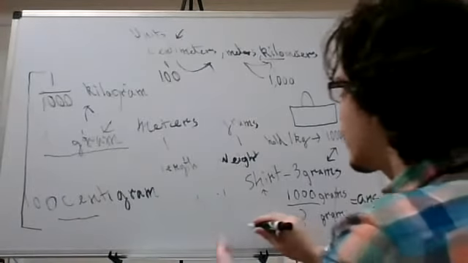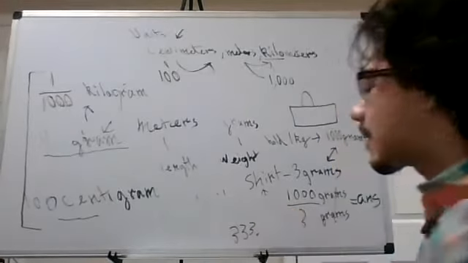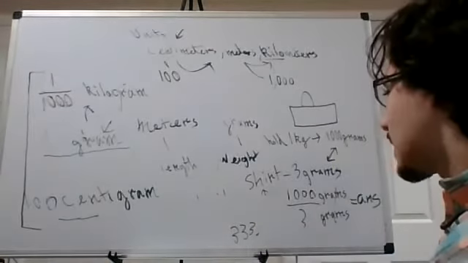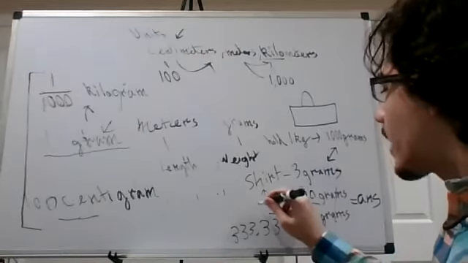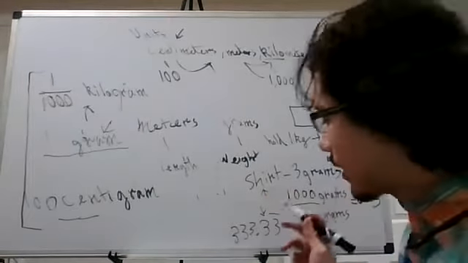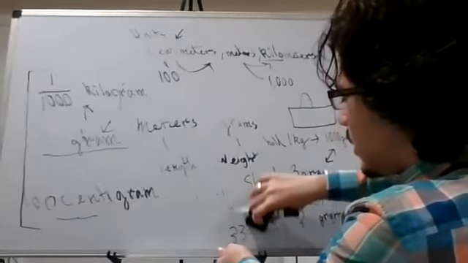So this would round out to about 333 shirts. Technically, the number would be 0.33 repeating, but 0.3 of a shirt is not a shirt. So we would just say 333 shirts.